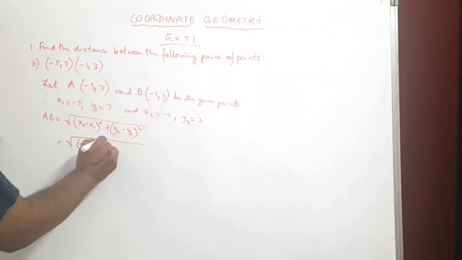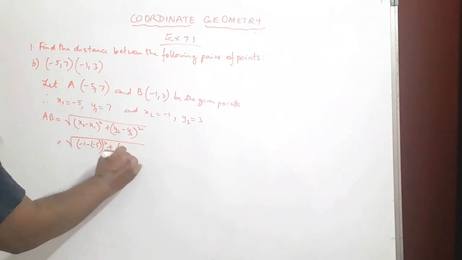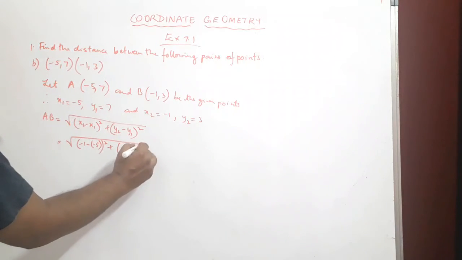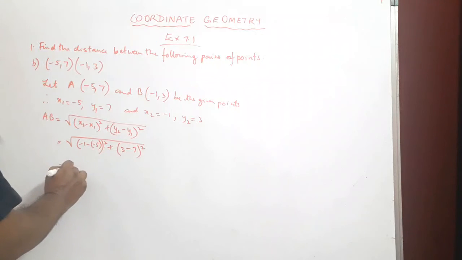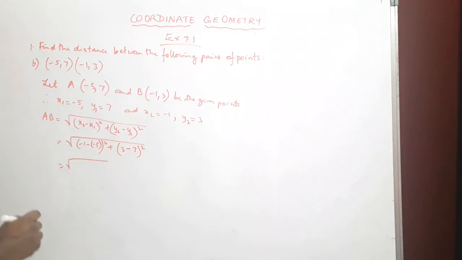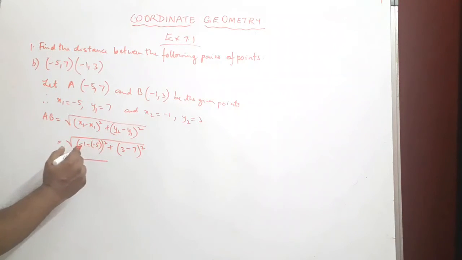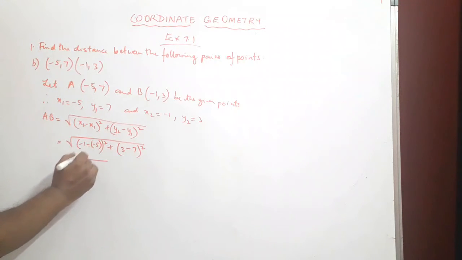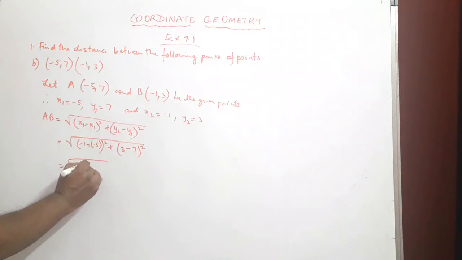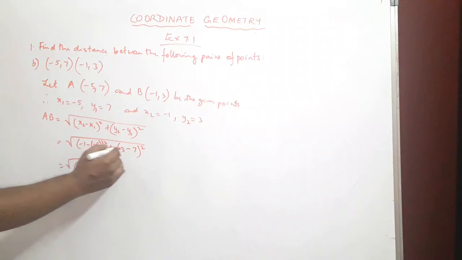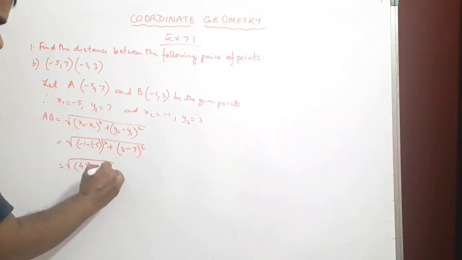So in brackets minus 5 whole square, and y2 is 3 minus y1 which is 7, whole square. Now we'll open up the bracket. Minus and minus 5 become plus, so plus 5 minus 1 gives us positive 4 whole square, and 3 minus 7 gives us minus 4 whole square.